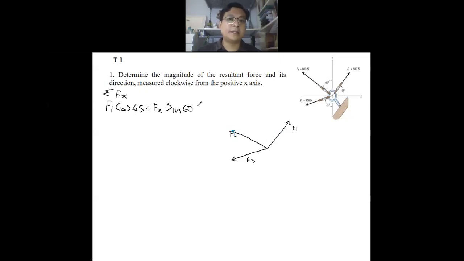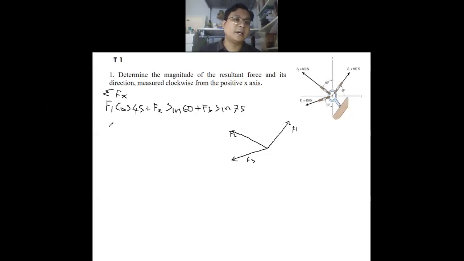Okay, now we add the last force, F3. In the X direction should be sine 75.